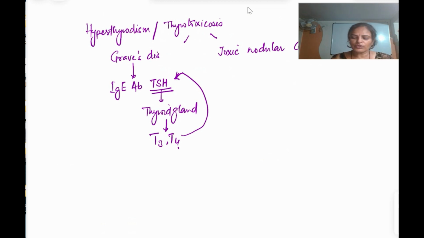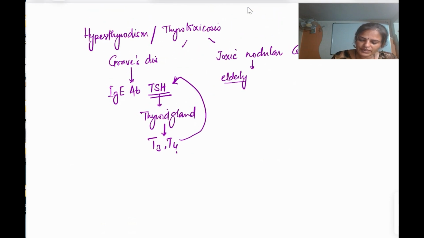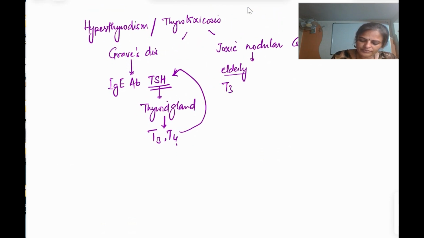Now in toxic nodular goiter, this is less common, mostly seen in elderly patients. Irrespective of TSH stimulation, the T3 and T4 levels are more. So T3 and T4 levels are more irrespective of TSH.